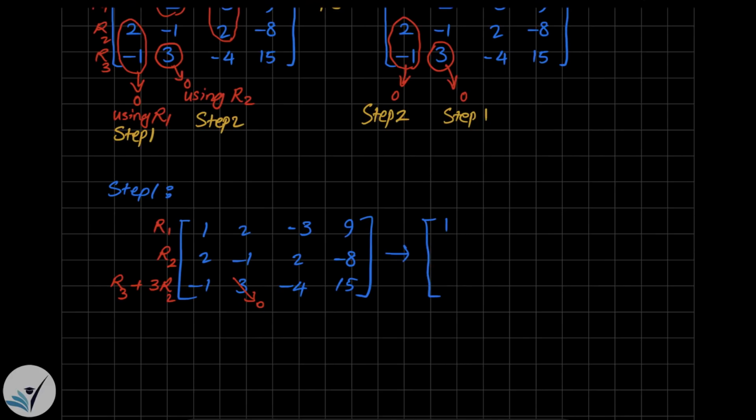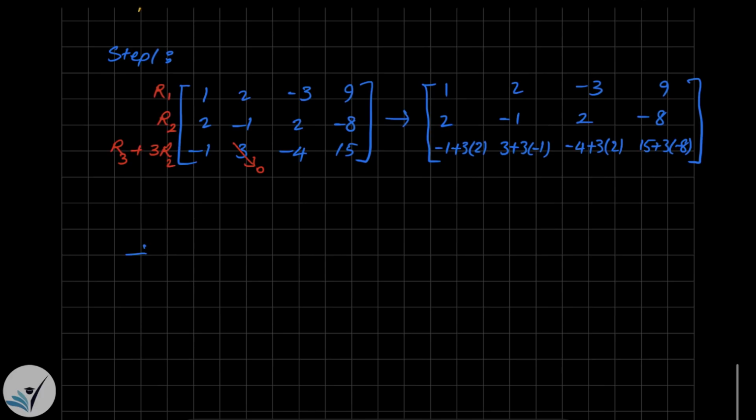So we have 1, 2, -3, and 9 on the first row. On the second row, we have 2, -1, 2, -8. And on the third row, we have -1 plus 3 times 2, 3 plus 3 times -1, -4 plus 3 times 2, and 15 plus 3 times -8. Let's simplify this matrix.